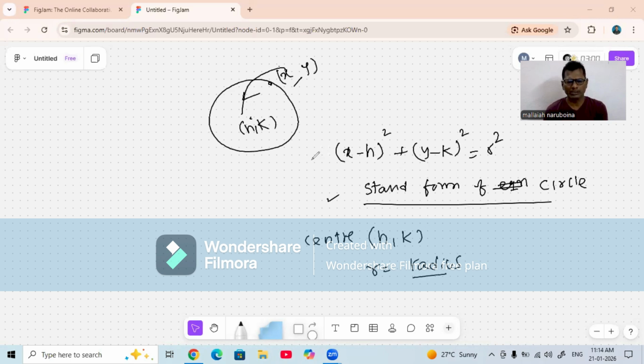So whenever this kind of expression is given, just from this, see r square we get r value. By finding square root of this value, we get radius r. H and k give us center, r is radius.